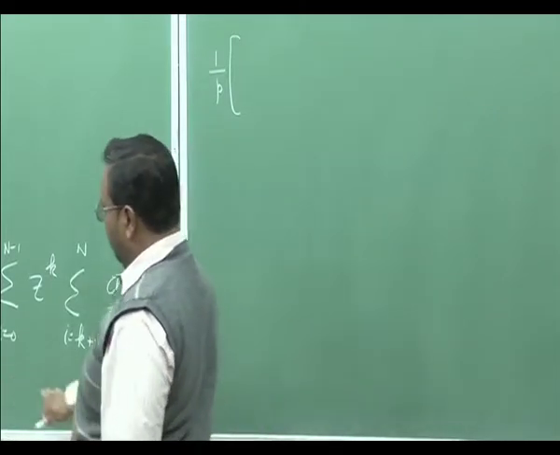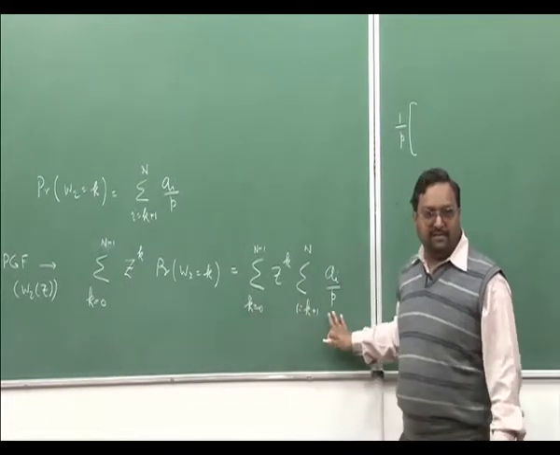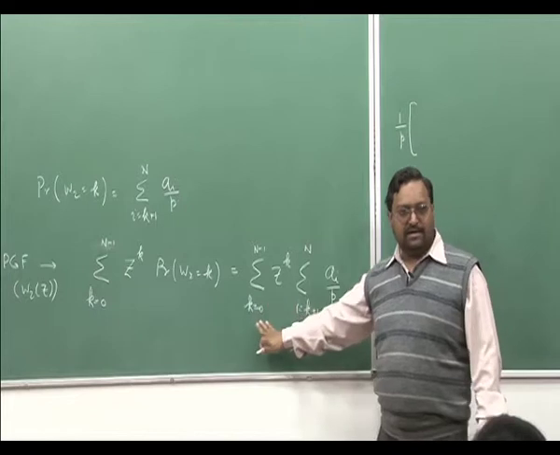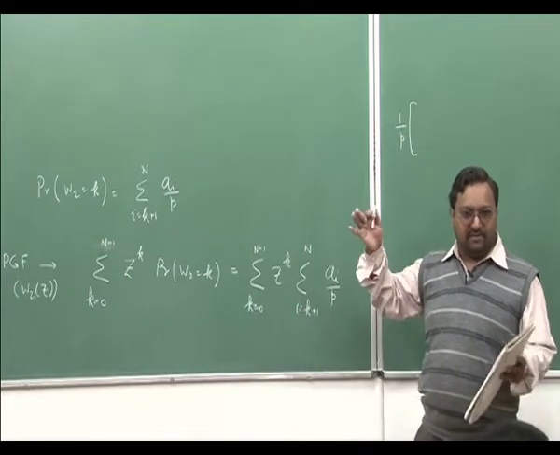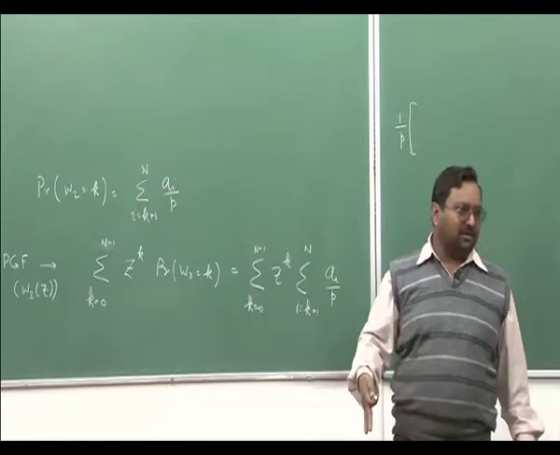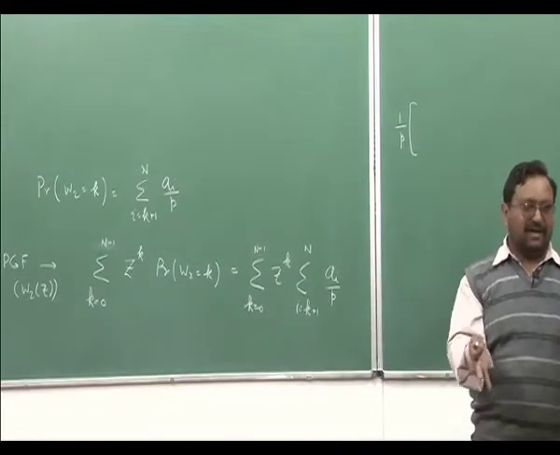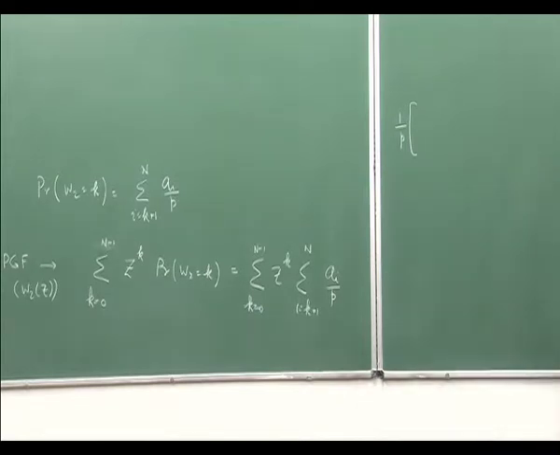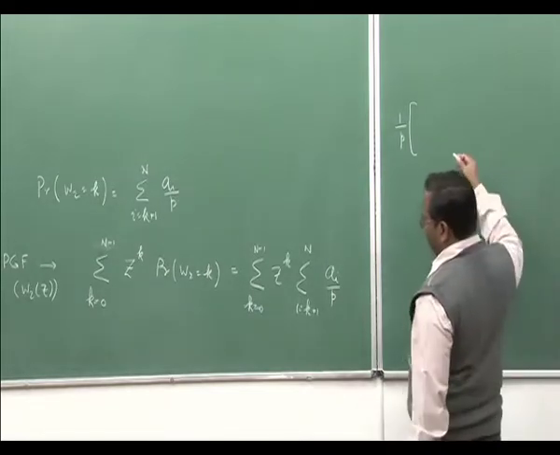When k is equal to 0, there will be a series multiplied by z raised to power 0. For k equal to 1 there will be a series. The number of terms will start reducing as k increases. So I will basically write all these terms and then reorganize them. There are many ways of doing it, I will just do it this way, the way I have learned it.